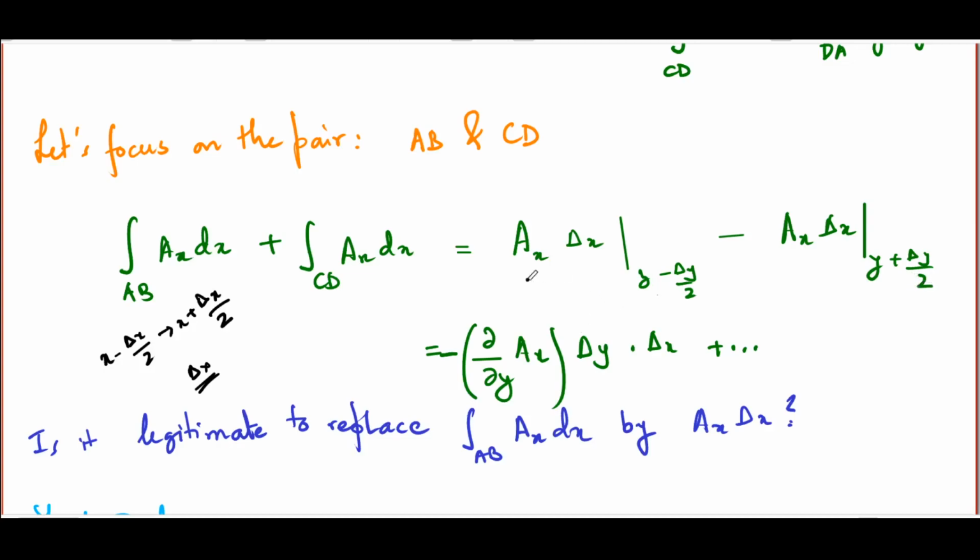The difference exactly is what is coming in here. It seems that we suppress the variation of Ax over a range from x minus Δx by 2 to x plus Δx by 2 while keeping, and in fact really insisting on, the fact that Ax is different at y equal to y plus Δy by 2 and y equal to y minus Δy by 2. So these two demands seem to contradict each other.